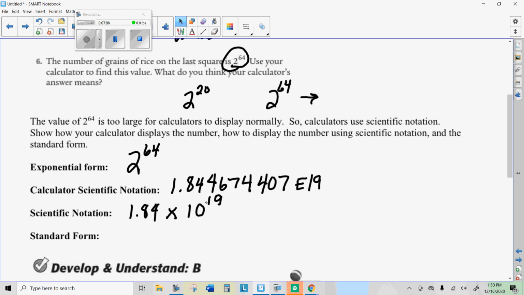Now to put that in standard form, you should know that we need to move that number over 19 places to the right of where the decimal is here. So that means that I'm going to have an 8 and a 4. That takes up 2 of those 19, so I'm going to need 17 more zeros.